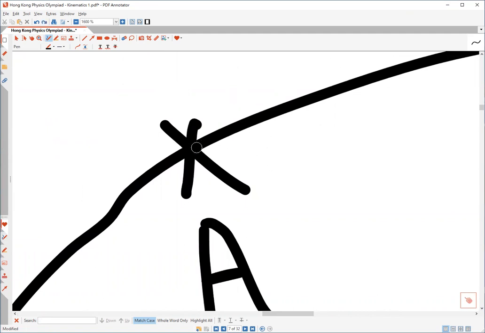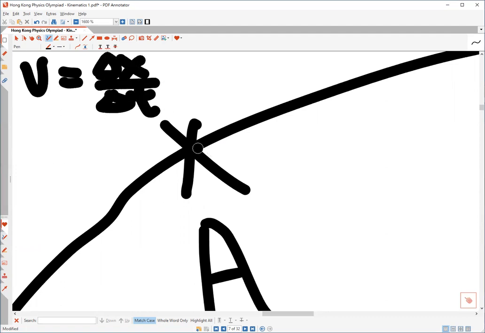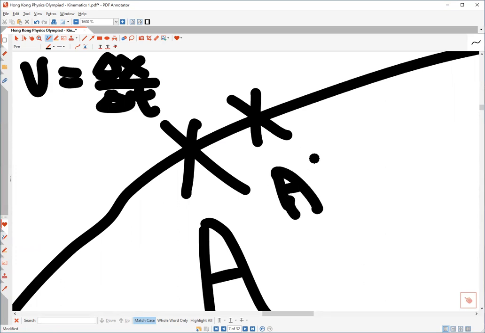So if you want to find the instantaneous speed at this point, in mathematics, the velocity is defined as change in displacement over time. You can't take the time to be zero, because zero over zero gives you an undetermined result, or just say math error. So we need to consider a point very close to point A. Let me label it as point A prime.